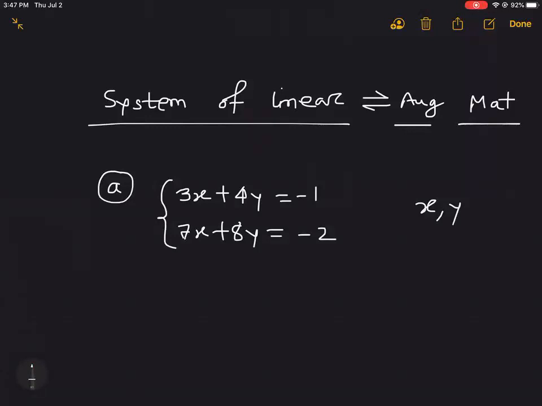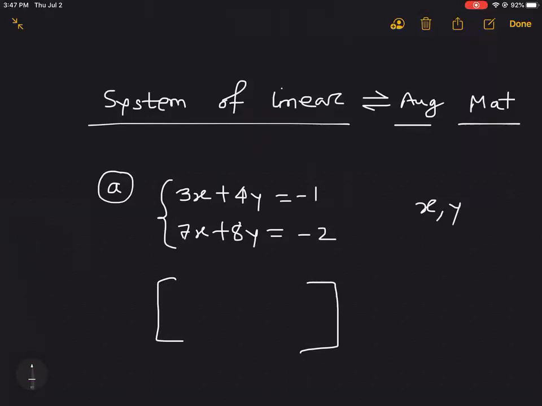So that is a system of linear equation. All right. So the augmented matrix is in this format. Of course, it will have the matrix format, as you can clearly understand.